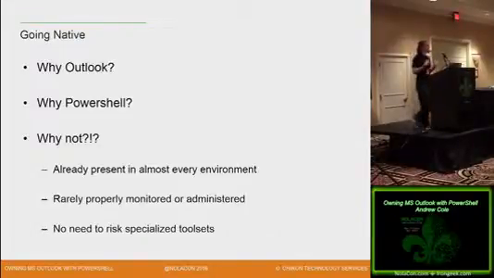So you can use a lot of the things that you're probably currently using a custom tool set for. You can do those same actions just using PowerShell and things that are already on the box. So we're going to look at how you can use Outlook basically to work hand in hand with PowerShell. I don't want to say we're exploiting Outlook. We're using it as a helper or a buddy.